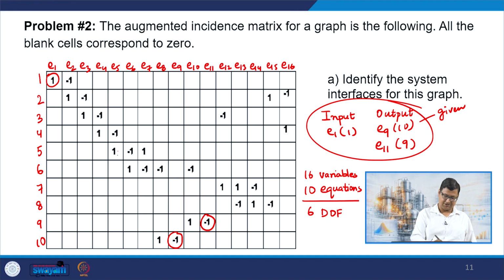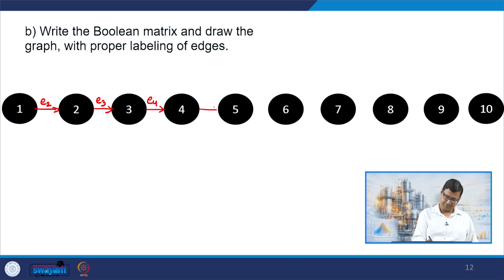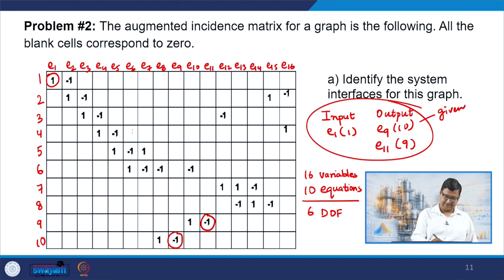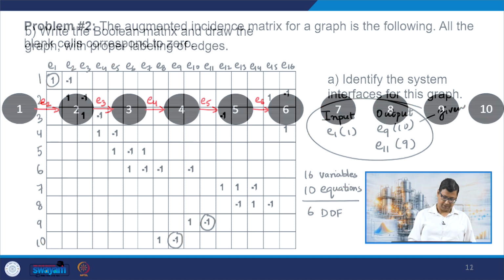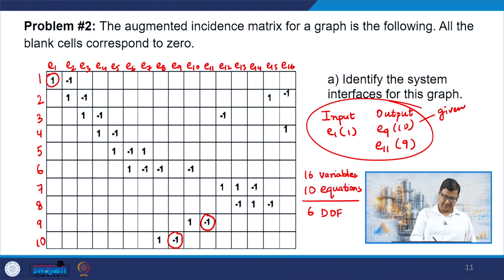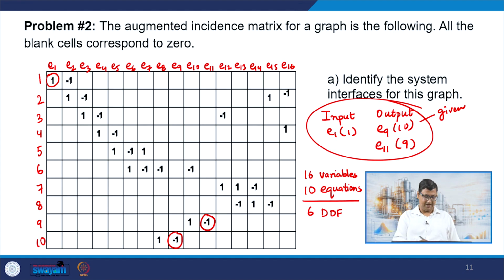Then E5 is going from 4 to 5. Then E6 is going from 5 to 6. Then E7 is going from 6 to 5. Then E8 is going from 6 to 10.